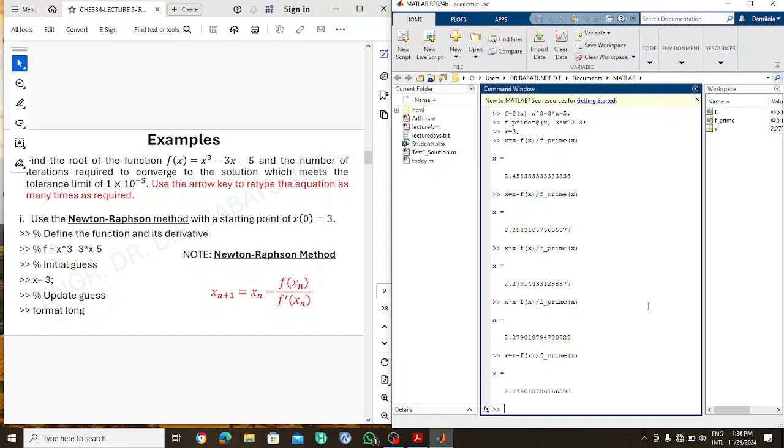I hope you get the logic, but you can use your calculator to do that. So how many iterations did we do? This was the first iteration, this is the second, this is the third, this is the fourth, this is the fifth. So we did 5 iterations to meet up with the tolerance limit.